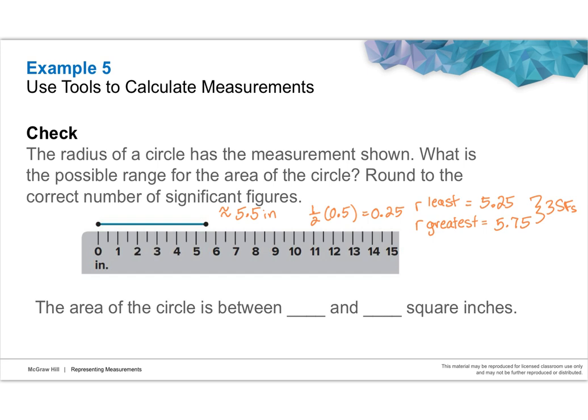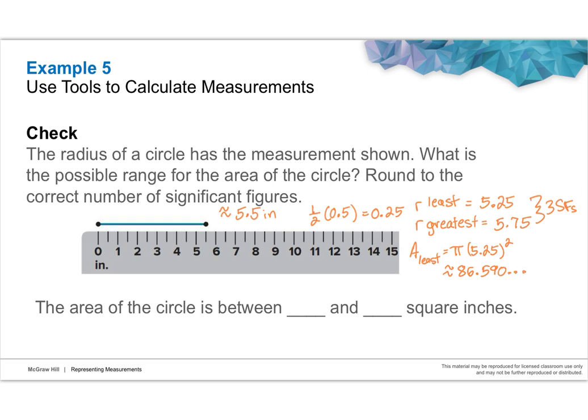If we take our least area, that would be calculated from pi times the smaller radius value, 5.25 squared. And on your calculators, remember to find that pi value at the second function of our caret key, as we've talked about before, but that's going to be 86.590.